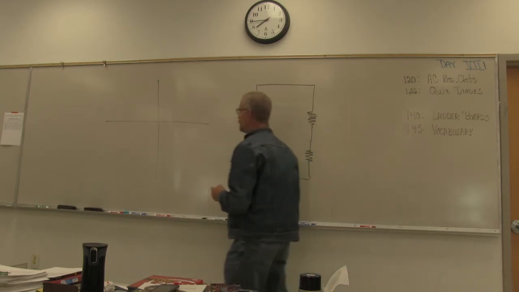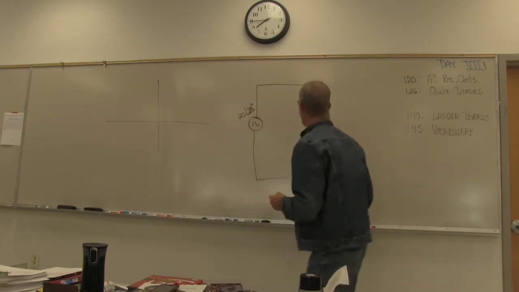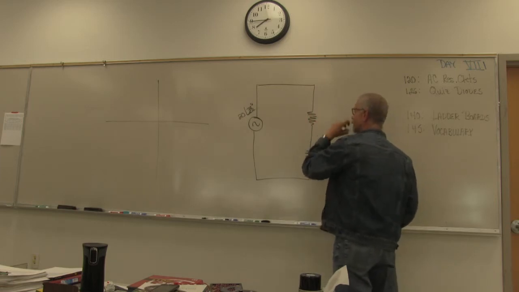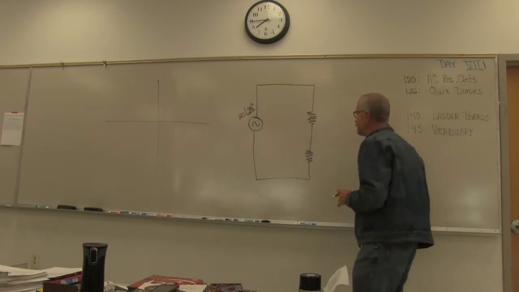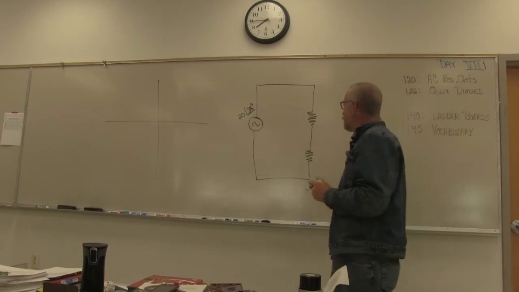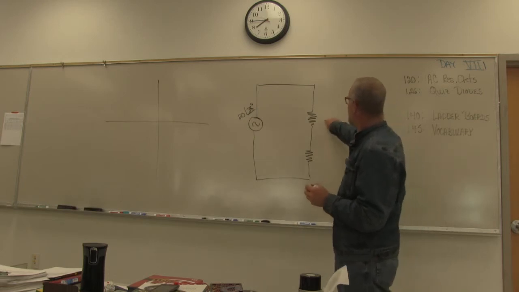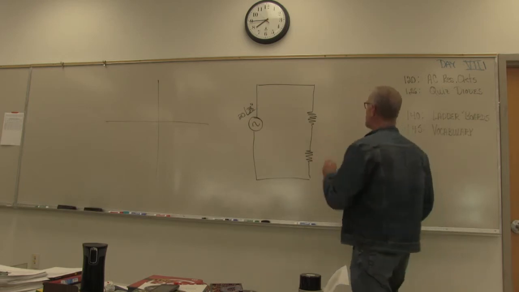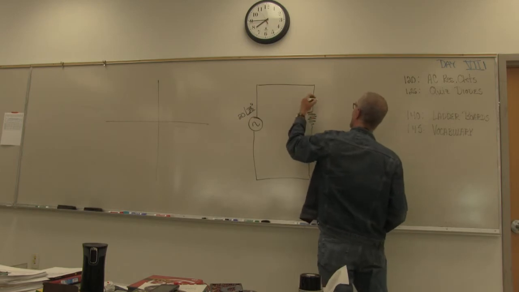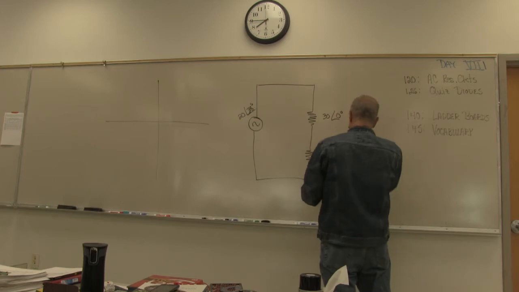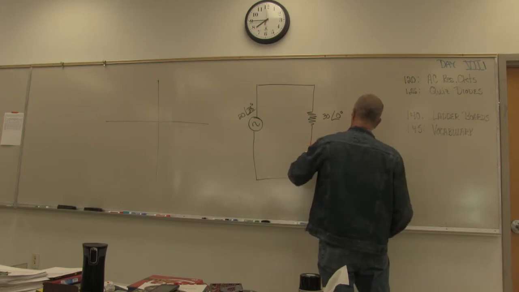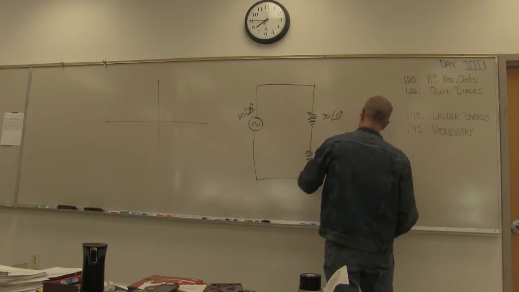So now we're going to have a slightly different problem here. But what are we going to do with our two resistors? This is 50, or what was it? 30 at an angle of 0 degrees, and 25 at an angle of 0 degrees.